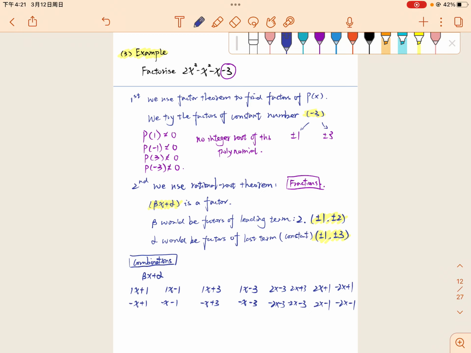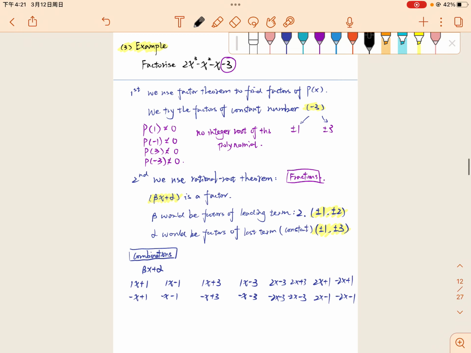Alright, so if you write down the beta x plus alpha, that gives you all the combinations here. And this is a little bit time consuming. So the quicker way is to directly write out P(-alpha/beta). So you're just looking for the possible combinations of negative alpha over beta.